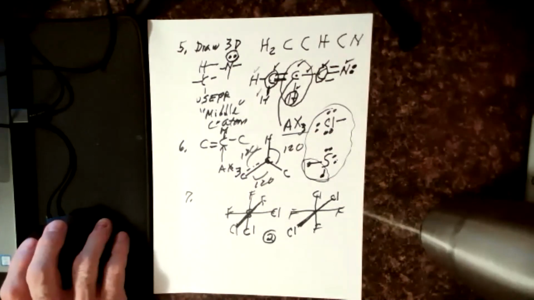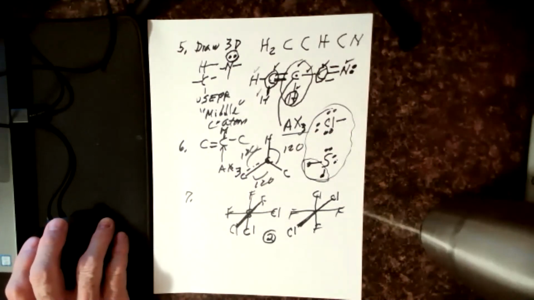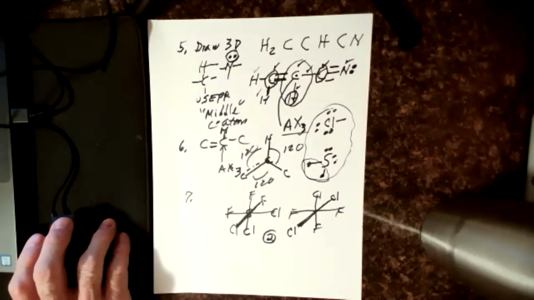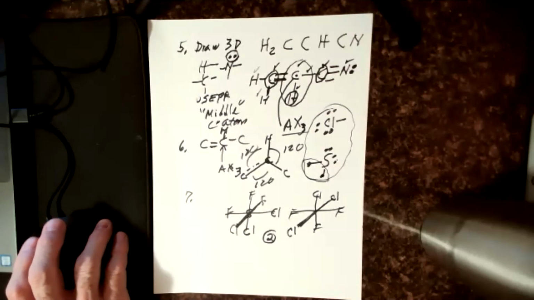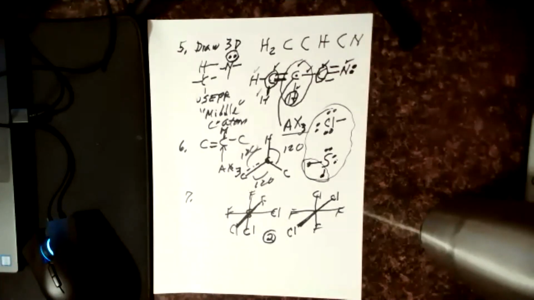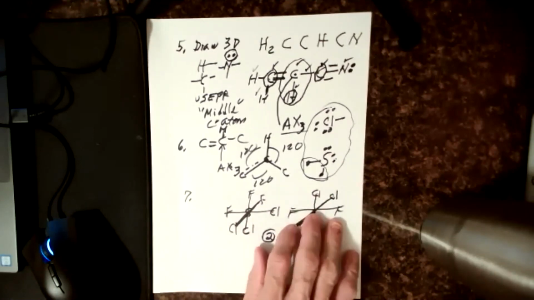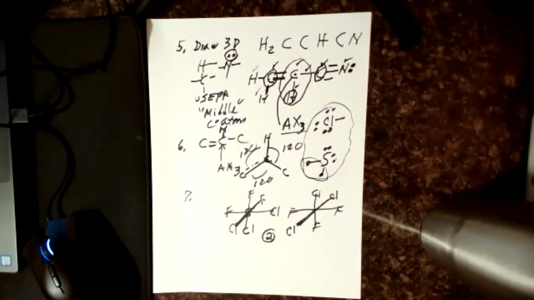And then I'm looking at it, and there is one unique atom, sulfur, and it appears everything's attached to it. So I'm going to do the math. And if I did the math, I would come out with AX6, and then I would draw the octahedron and do what we did. How many different isomers can I make?